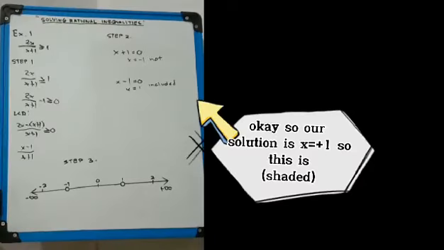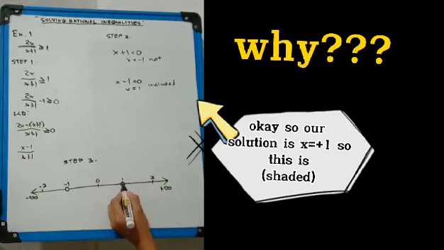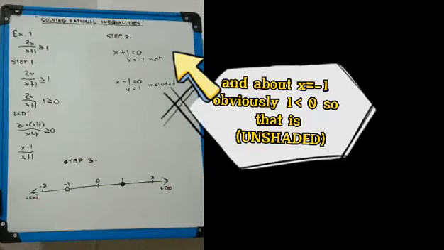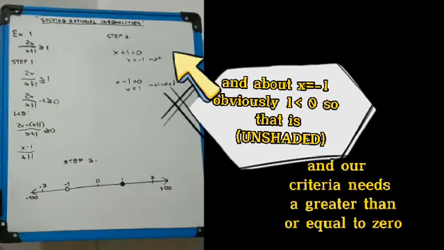Our solution x equal to positive 1 is shaded. Why? Because at x equal to positive 1 the expression is 0, which satisfies the inequality, while x equal to negative 1 is unshaded because it is undefined. And our criteria needs greater than or equal to 0.